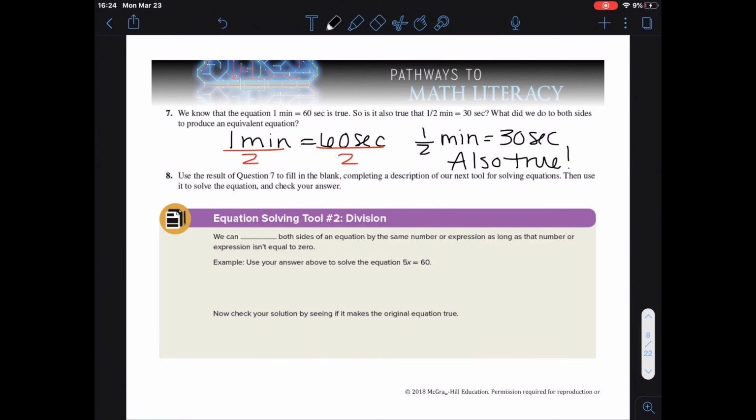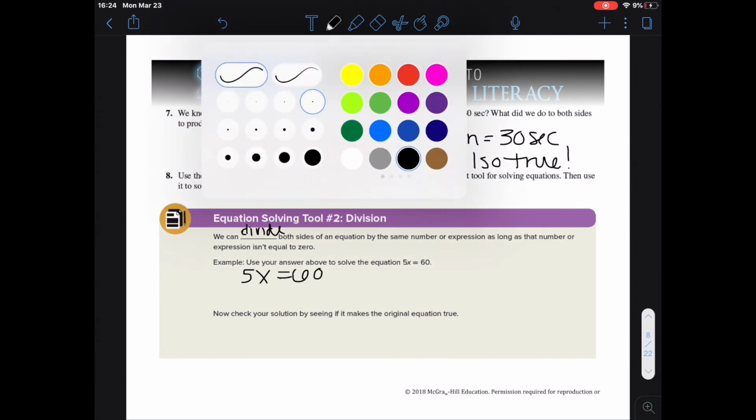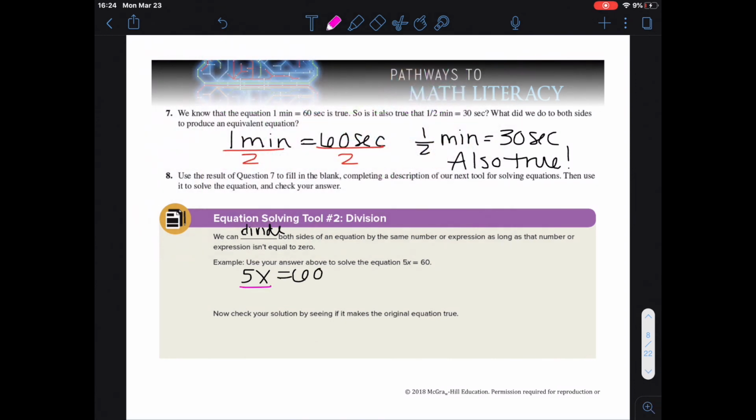So this is our next tool. If you start with a true conditional statement, we can multiply or divide is our new one. We can divide both sides of an equation by the same number or expression as long as it doesn't equal 0, because you can't divide by 0. So if we want to solve 5x equals 60 using this, you want just x on its own, so let's go ahead and divide by 5.